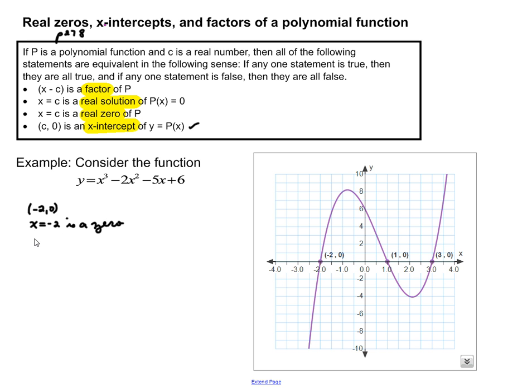What else could we say? Well, x equals negative 2 is a solution to the equation x cubed minus 2x squared minus 5x plus 6 is equal to 0.